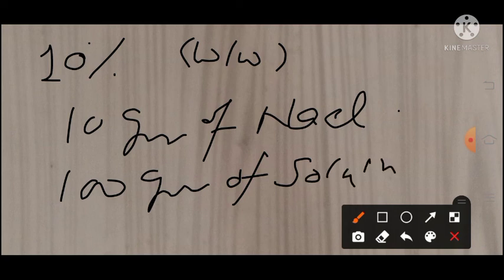That is, the weight of solute equals 10 gram, and the weight of solution equals 100 gram.